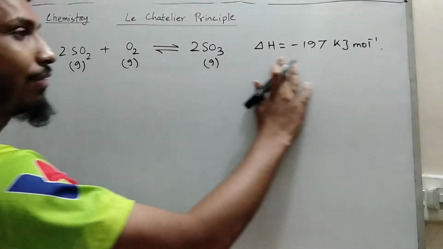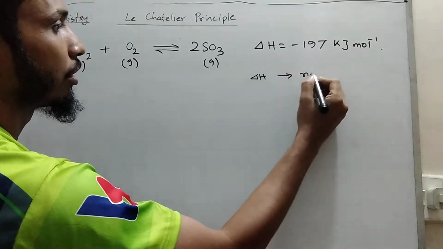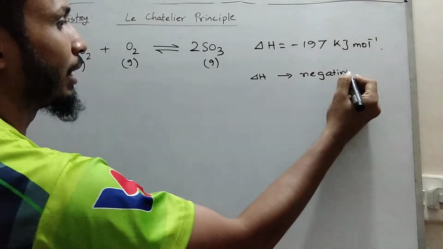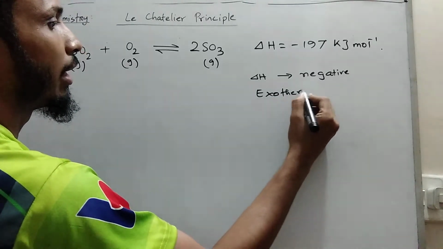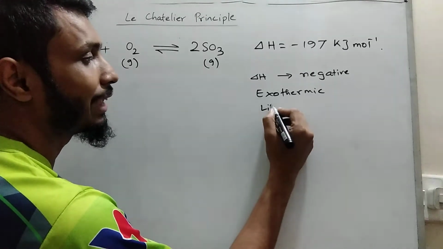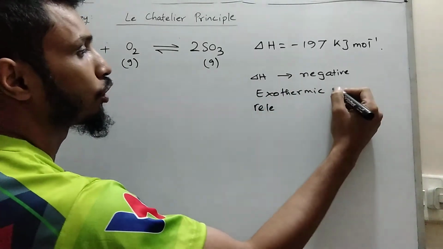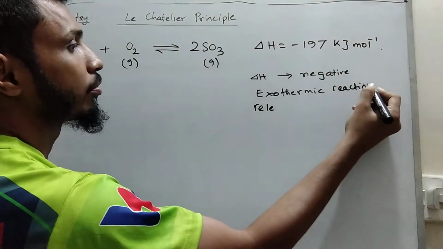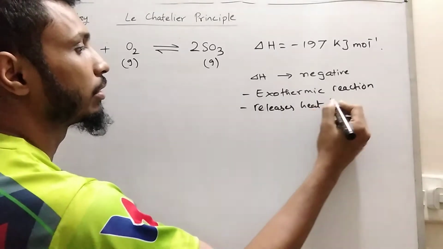We know that if we have a del H negative, the reaction is exothermic. And we also know that an exothermic reaction liberates heat, or releases heat to the surrounding.